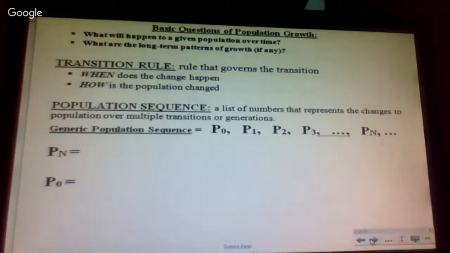So we've got this population sequence. P sub 0 is your initial population. How many do you start with? Your next population is how much after a year or 6 months, depending on how often your transition happens. P sub n is the size of the population after n transitions.